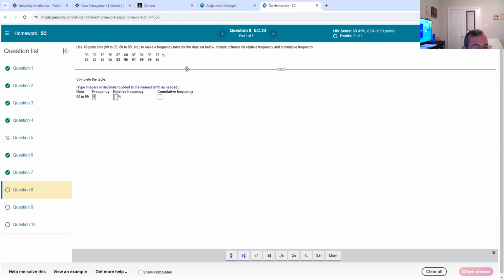Punching that in, that looks like 45% to me. So at that point I'm looking at that 45%. Well, 50% is half, so this is telling me almost half of this data is in that range from 90 to 99, okay?